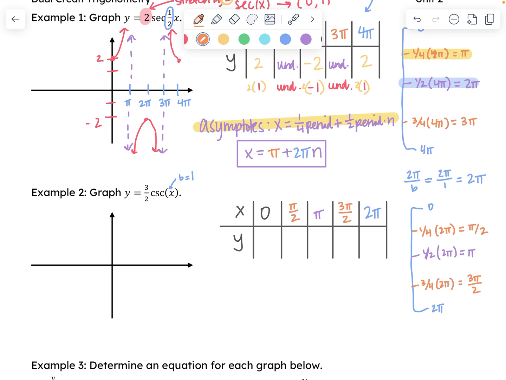Now I've got to start looking at the y values. When I'm looking at a cosecant graph, when x is equal to 0, I've got an asymptote instead of a point. So that means I'm going to start with my undefined value, go up to the 1, have another undefined value for the asymptote, go down to the -1, and then have another undefined value for my asymptote.